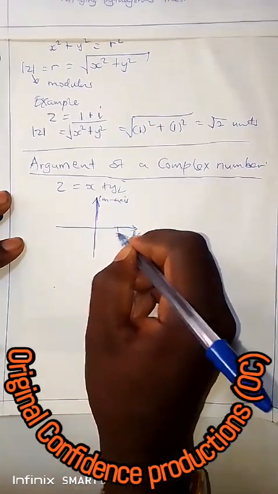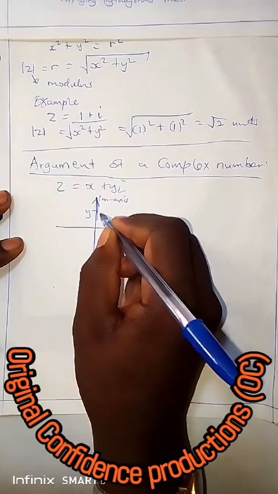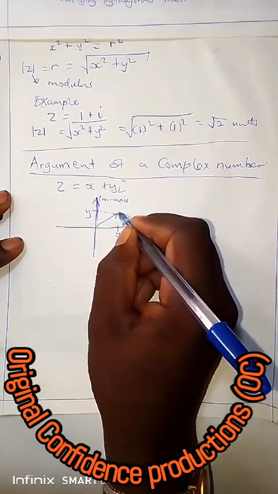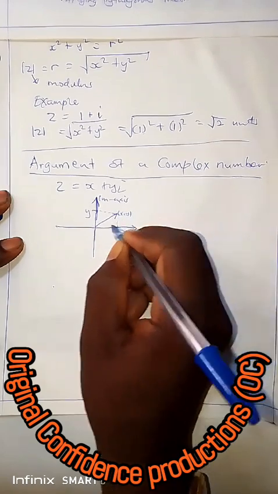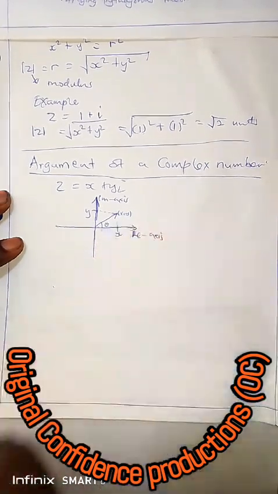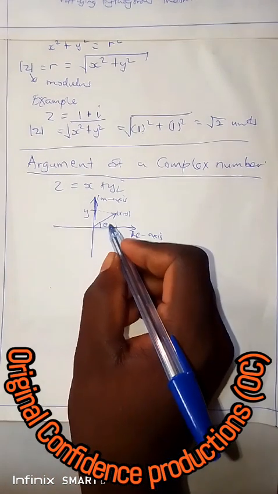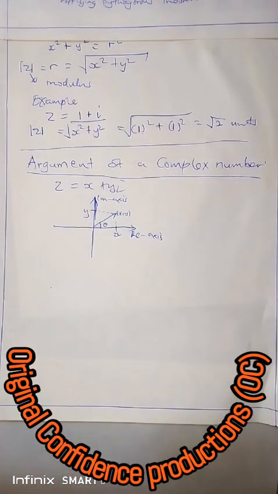So you have x here, you have y as we saw above. When you plot this point here, this is (x, y). So we have this angle here that we make with the positive real axis, or the horizontal. The angle that the complex number makes with the positive real axis is what we call the argument.